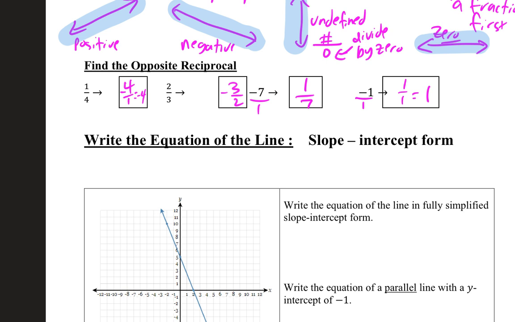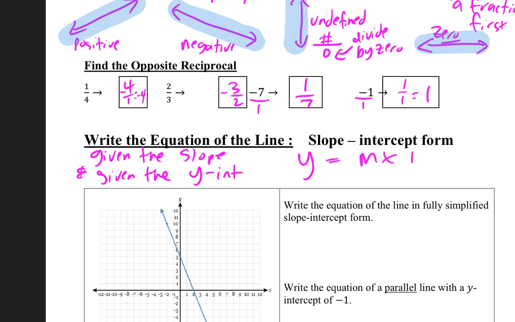If we're given the slope and the y-intercept, we can write slope-intercept form. We're going to put it in this form: y equals mx plus b, where m is the slope. It's always the number in front of the x.